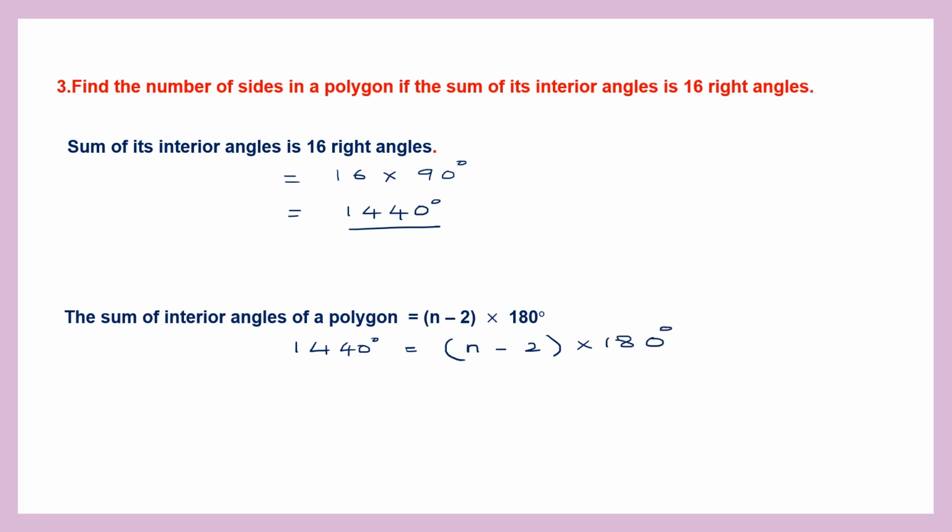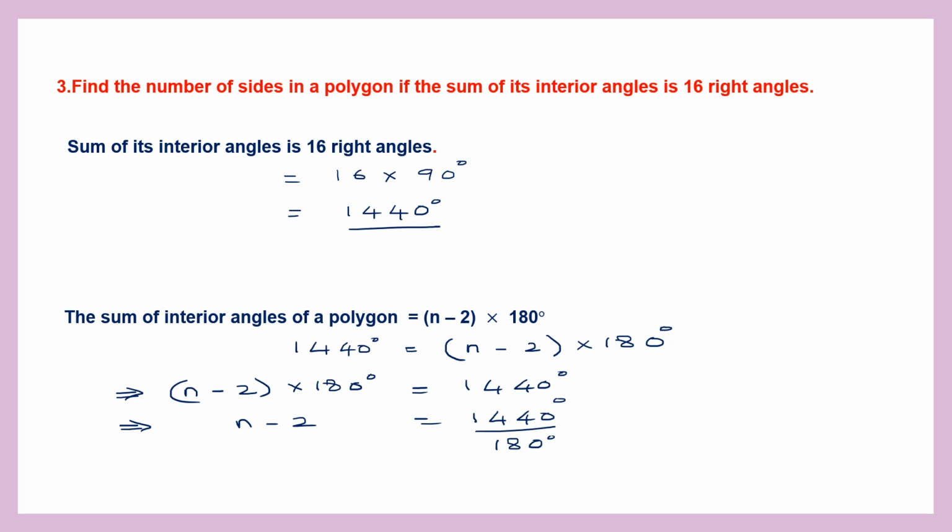So I'm moving the right hand side to the left. (n minus 2) into 180 degrees is equal to 1440 degrees. Now I'm going to find the value of n minus 2 by writing this: 1440 degrees divided by 180 degrees.